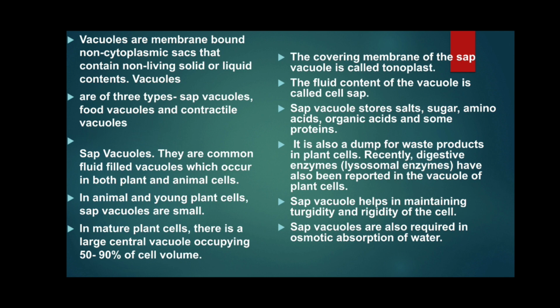Sometimes the vacuole occupies 50 to 90% of the cell volume. The outer covering of the sap vacuole is known as tonoplast. Cell sap means the liquid content of the cell, that is, a membrane-bound organelle which is filled with liquid content, the cell sap.